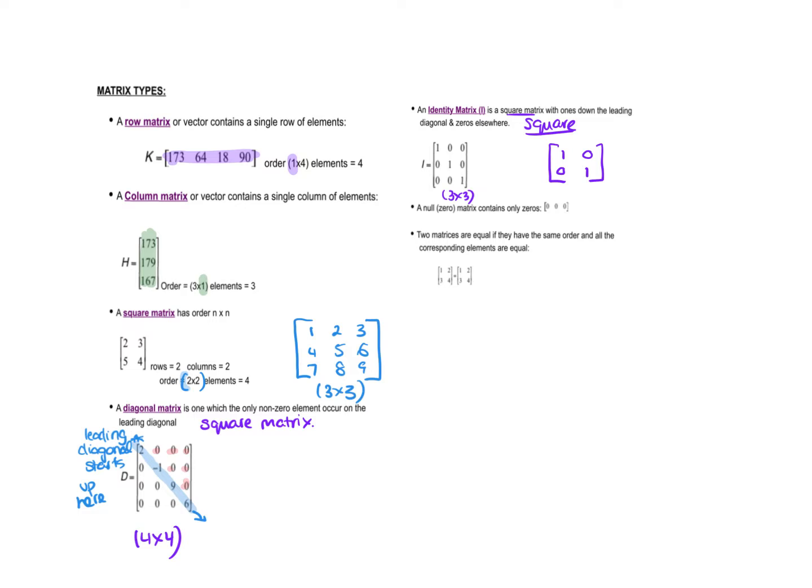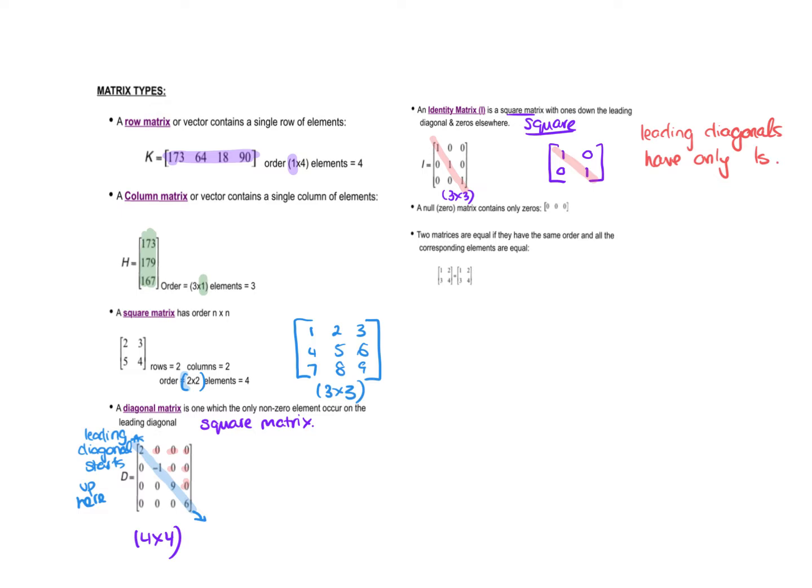What makes an identity matrix is that the leading diagonal has only ones, and zeros everywhere else. We'll learn about the identity a bit more and how it becomes useful.